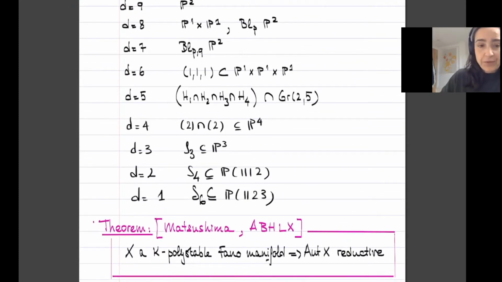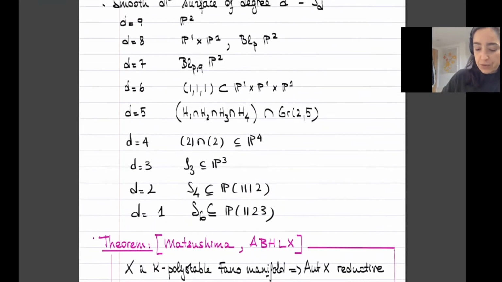Now, one of the first obstructions that was known to the existence of Kähler-Einstein metrics, which is where this whole subject started, was that if you had a Kähler-Einstein manifold, then the automorphism group was reductive. This was extended by Alper-Blum-Halpern-Leistner-Xu, who proved that when X is a K polystable Fano variety, then the automorphism group of X is reductive.